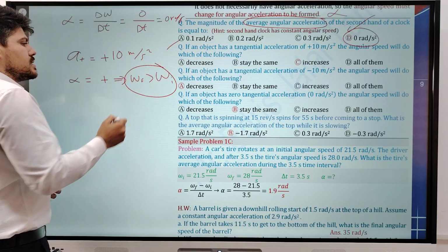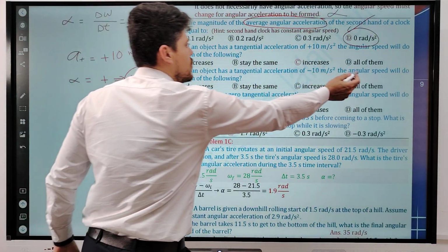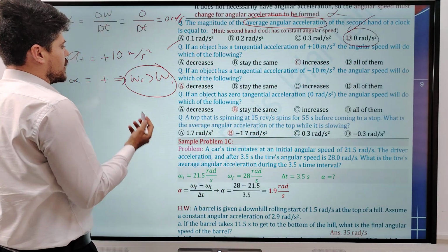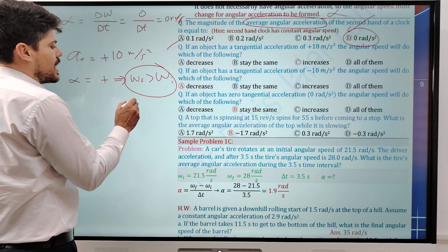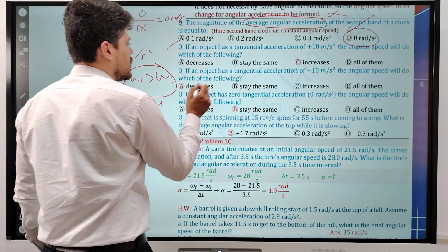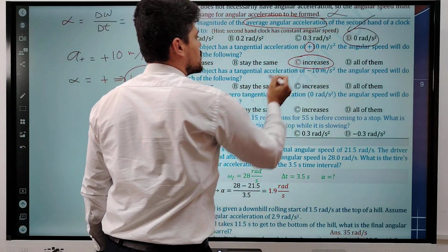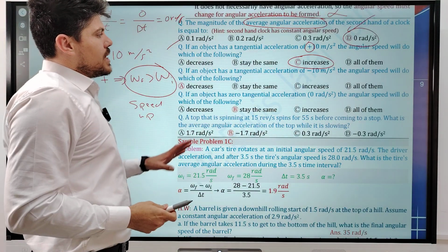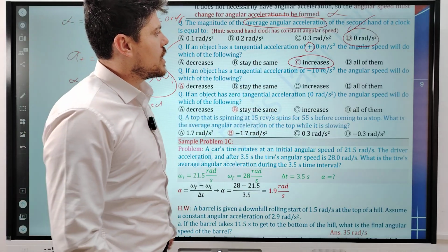So in that case, does the object's angular speed increase or decrease? So the angular speed will do which of the following? When the object is speeding up. Okay, speed up. So in the case of a positive sign, it should increase. This question has been brought in the ministry exam, so be careful.